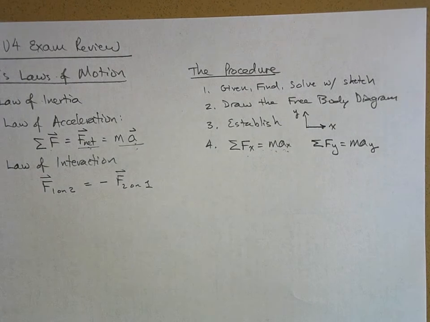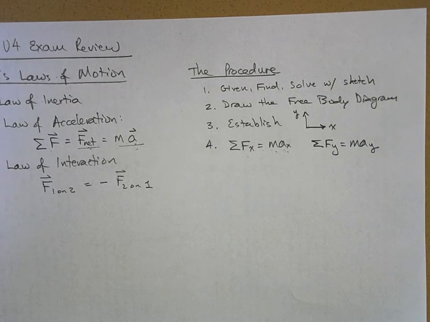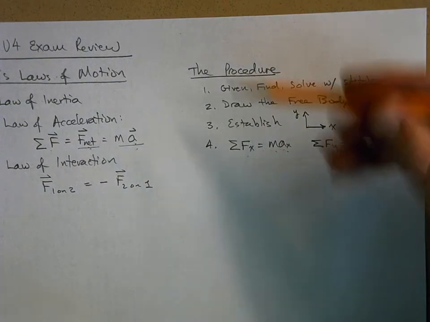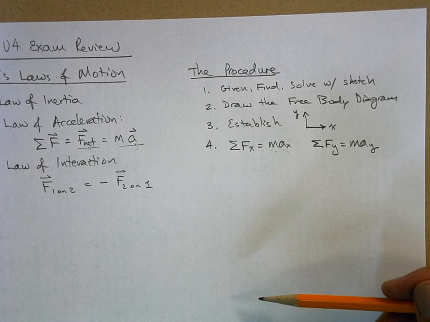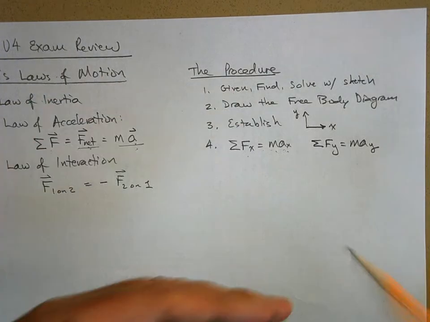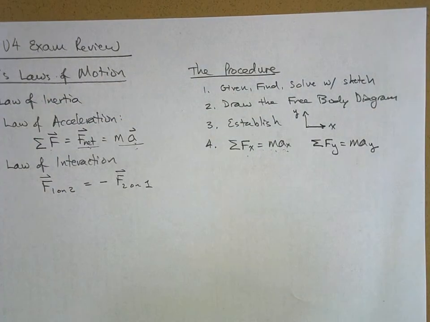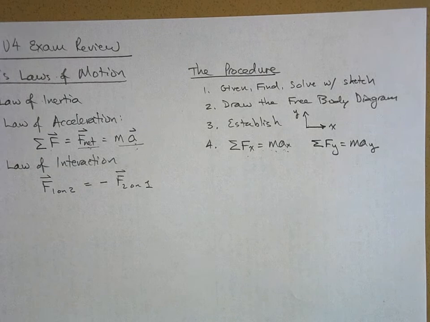If you're going down, the velocity is downward, but then you slow down, what's the direction of your acceleration? If the elevator is going down but you're slowing down, your acceleration is positive. Don't think that because acceleration is positive, that always means you're speeding up.